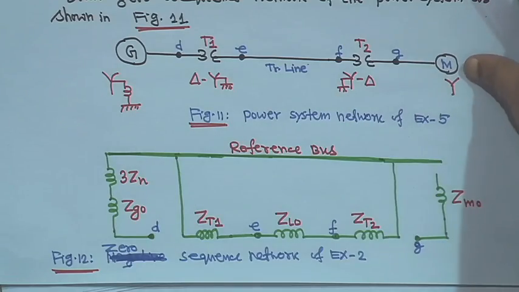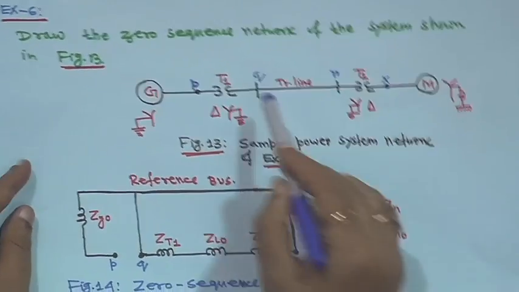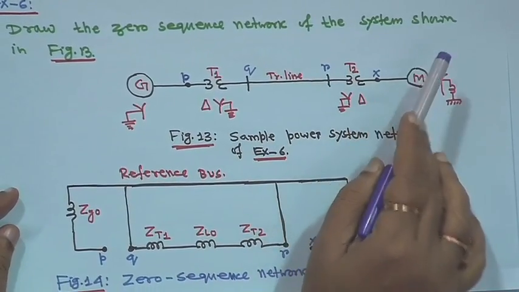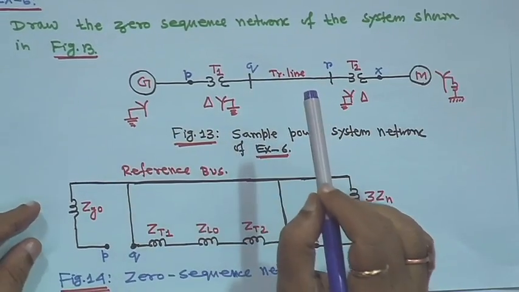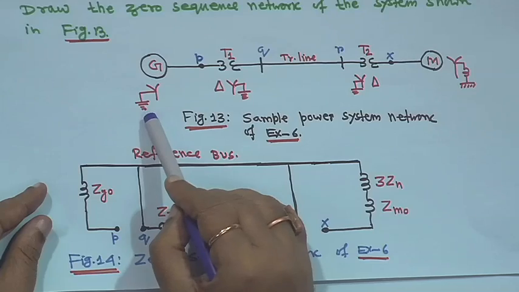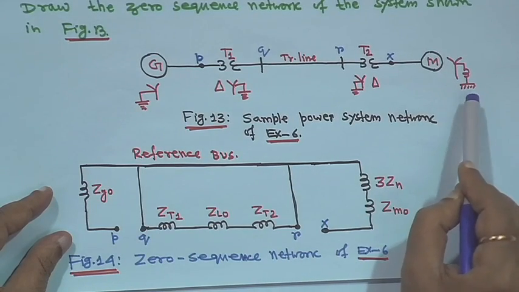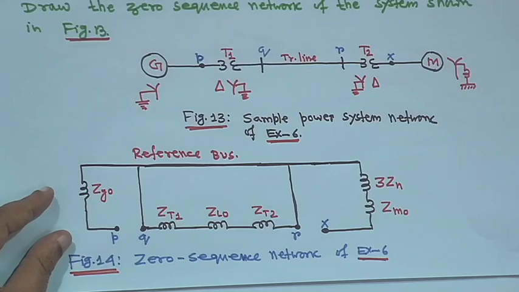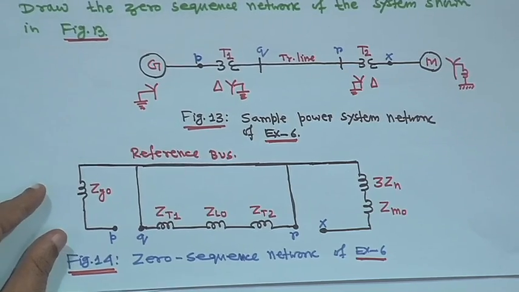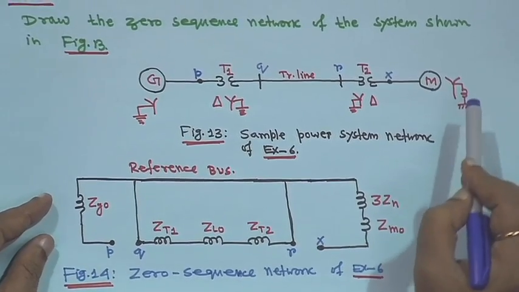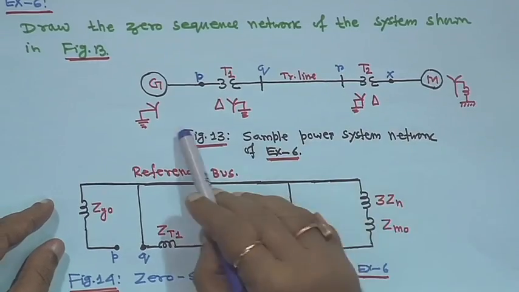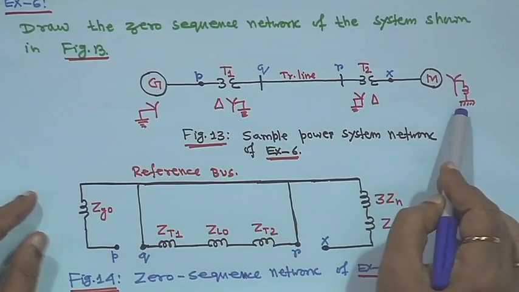Next is this one: you have to draw the zero sequence network of the system shown in figure 13. So, this generator is grounded, this is delta-star, star-delta, and this is star, grounded. There is no difference except one thing: in the previous problem it was ungrounded, and now here we have made it grounded, nothing else.